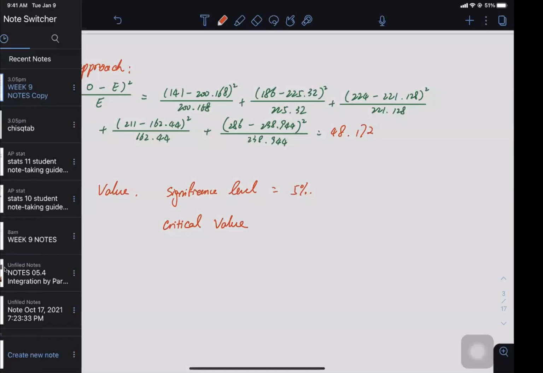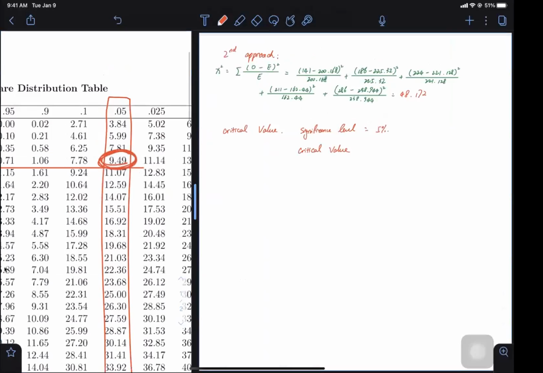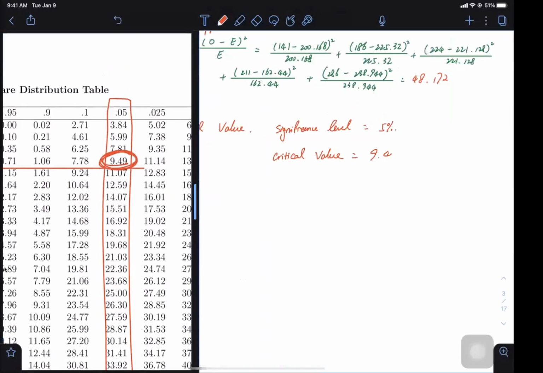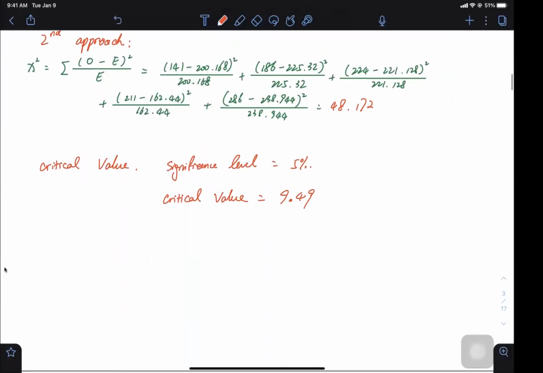Definitely our chi-square statistic is greater than the critical value.